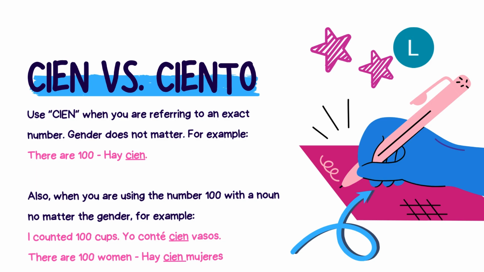For example, I counted 100 cups. Yo conté cien vasos. Vasos actually is masculine, and in this case is plural. So I don't need to change cien to match the gender. I'm going to say cien regardless. Just like the other example where it says there are 100 women. Hay cien mujeres. So cien stays the same no matter the gender of that noun you're using.